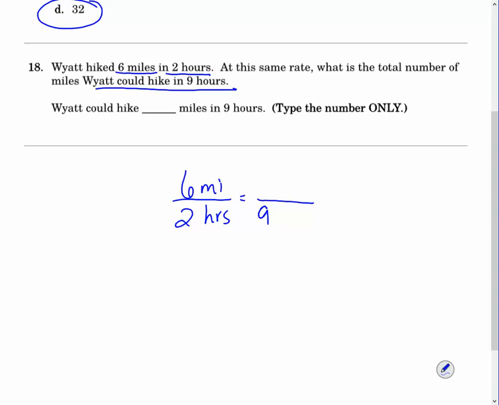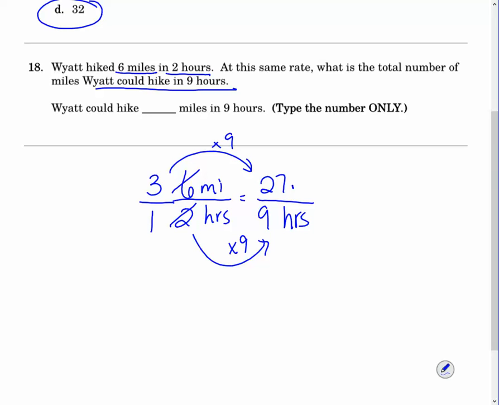The 9 goes across from the 2. Because you have that labeled, you can see that. And you're going to see that that does not scale up unless you simplify. So if you can't divide or multiply, you've got to simplify this down. Figure out how many miles he can walk in 1 hour, which is 3, right? So 1 times 9 gives us 9, and we have to do 3 times 9, and that gives you 27 miles, which is your answer.